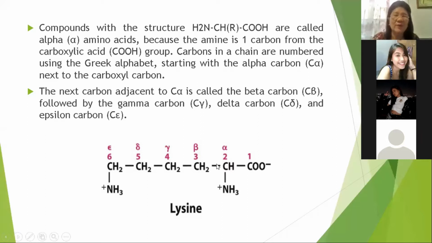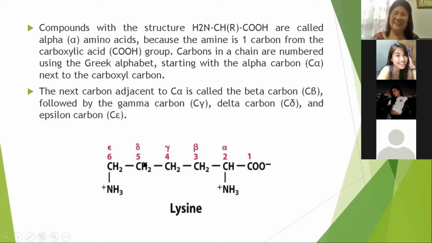After alpha, what comes next? Beta, gamma, delta, epsilon. Those are Greek words. Alpha means first. Then beta, gamma, delta, and this is epsilon.